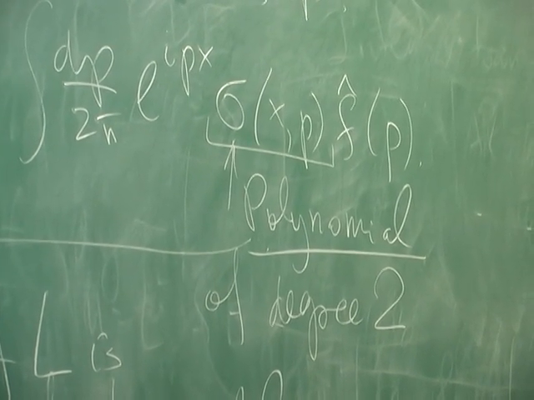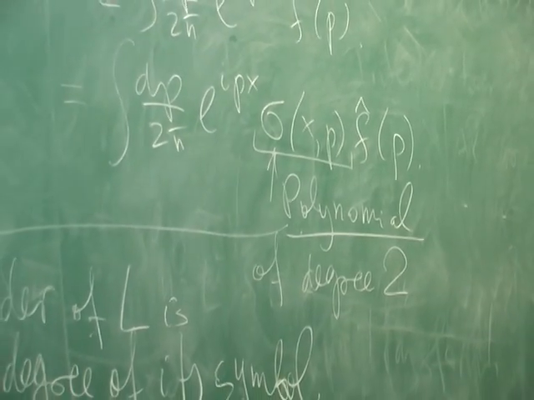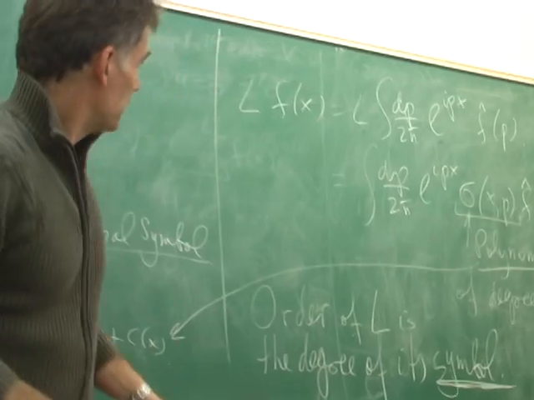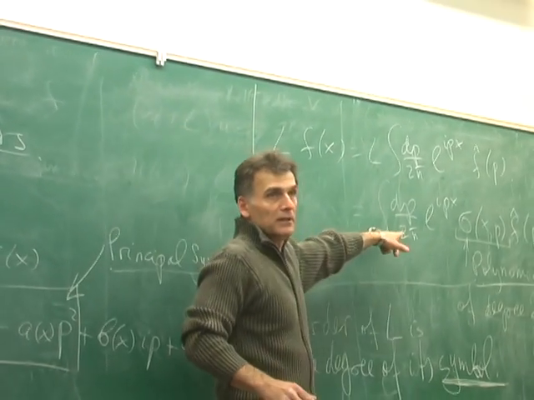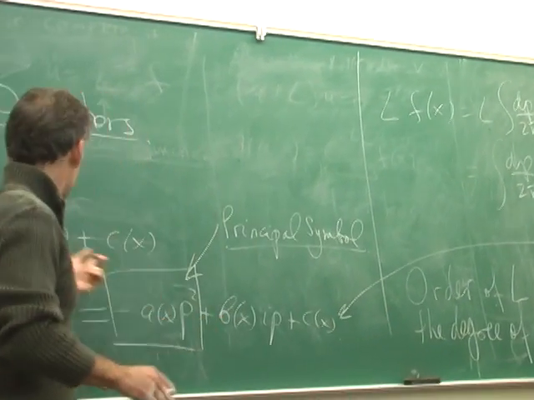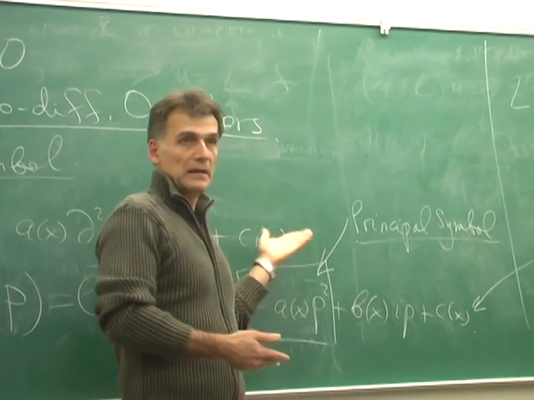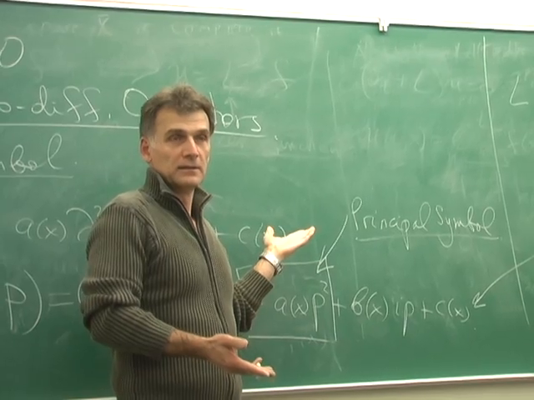Just give me the symbol, give me that expression. That describes completely the action of the operator by this formula. And of course, given that, I could easily reconstruct this just by replacing p with i d, and that's it.